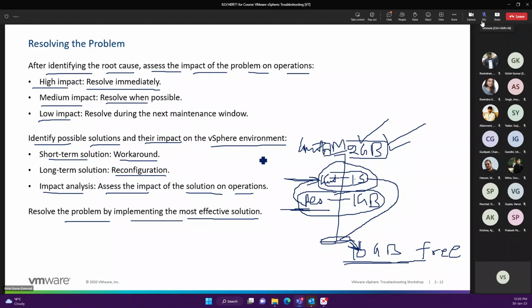Suppose we did not keep a limit, and we only kept a reservation of 1 GB. Then in this case, how much physical RAM will be allocated to the virtual machine? Only 1 GB, right? No. That depends again on how much free RAM we have left in the ESXi.